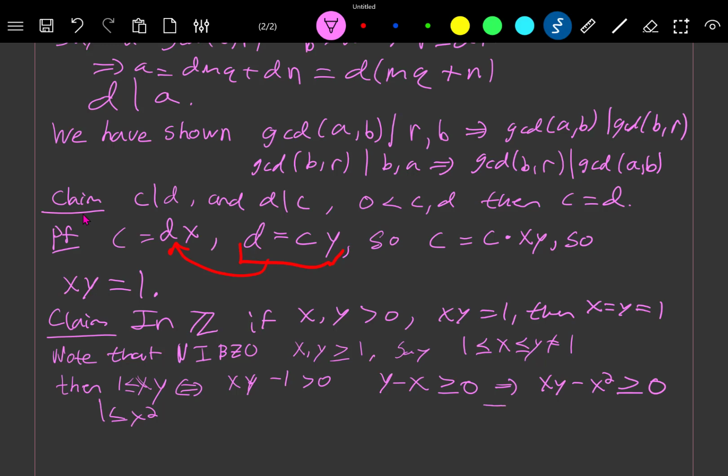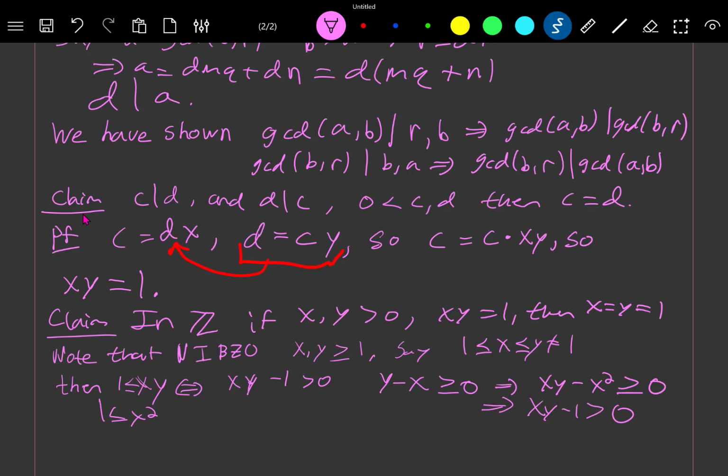So this tells us that xy minus 1 is greater than or equal to 0, or I guess strictly greater than, because y is not equal to 1.